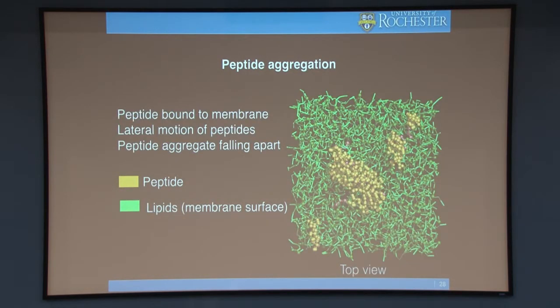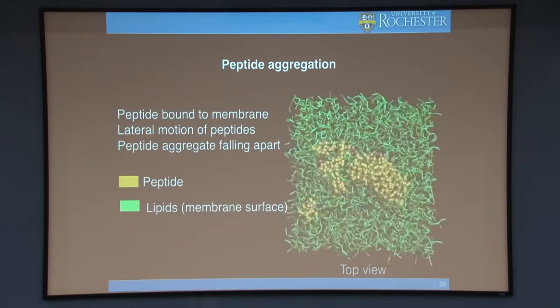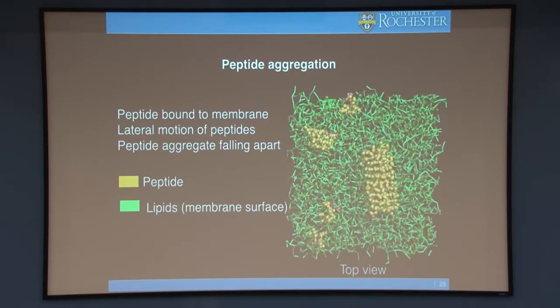Now we are looking at the top part of it. We are looking from the top on the cell membrane. This is again the big micelle that you saw bound to the membrane. I want you to see how this micelle disintegrates over time. I'll play the movie, and you keep looking at it. It's basically the small parts of the peptide.